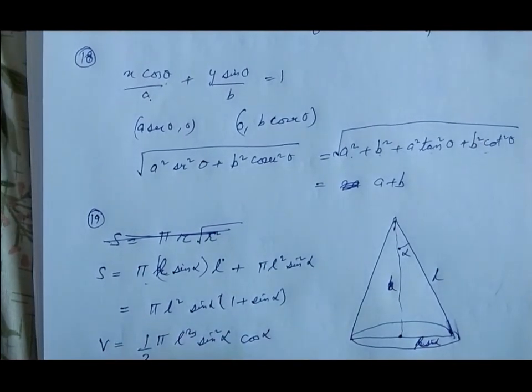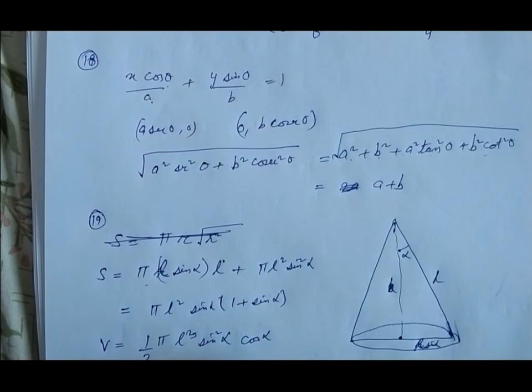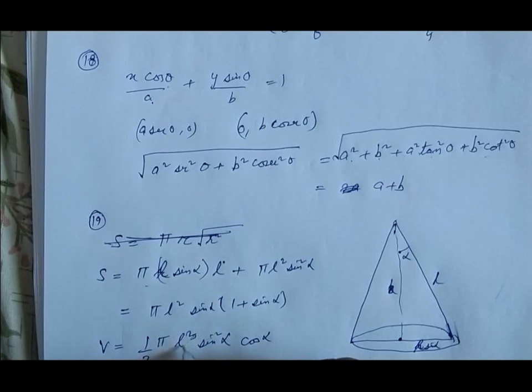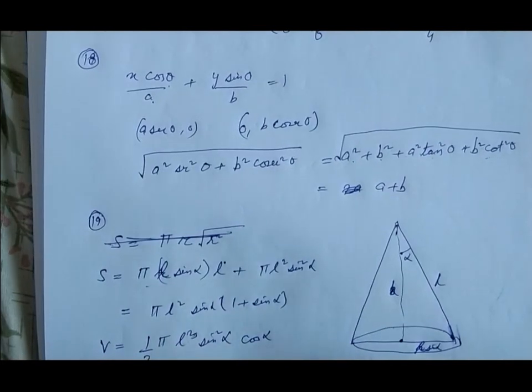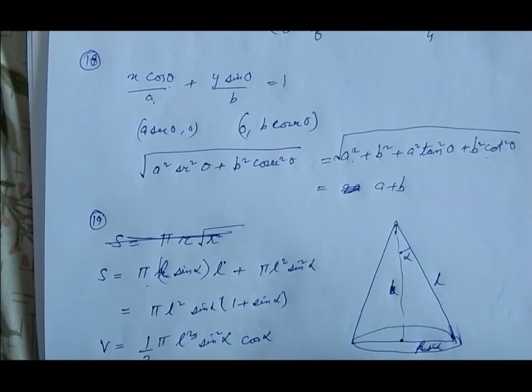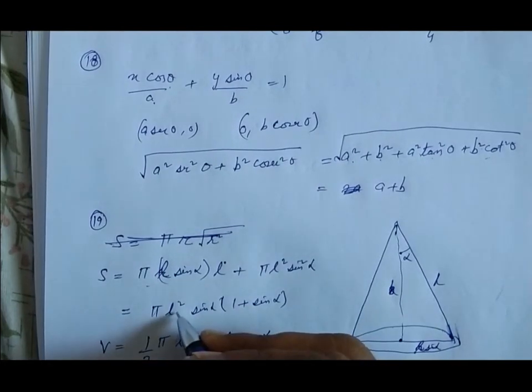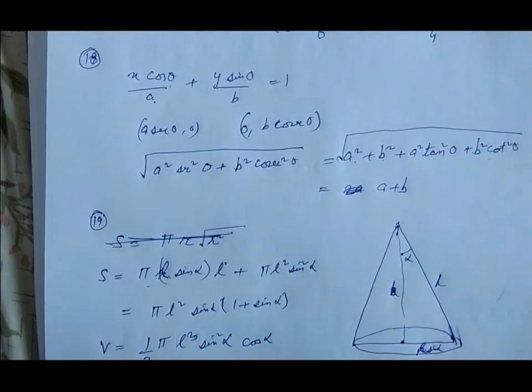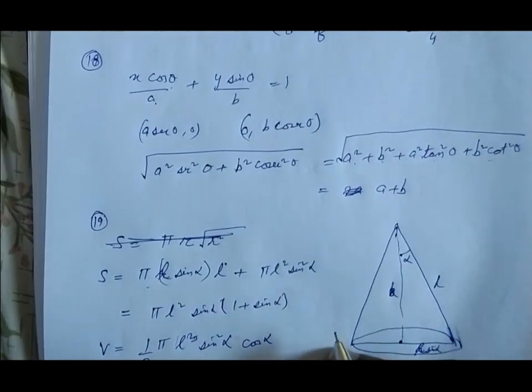So v square would be equal to 1 by 9 pi l power 6. So substitute l power 6 from over here, which would be S cube upon pi cube.